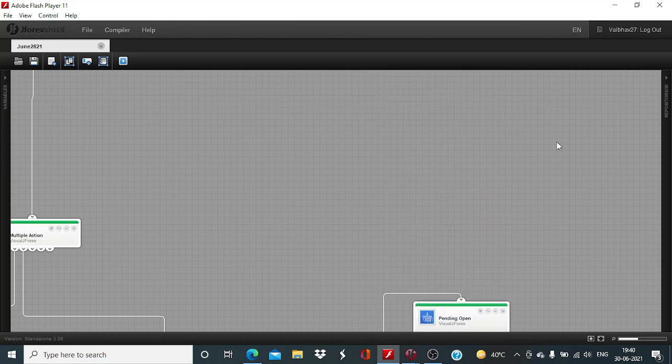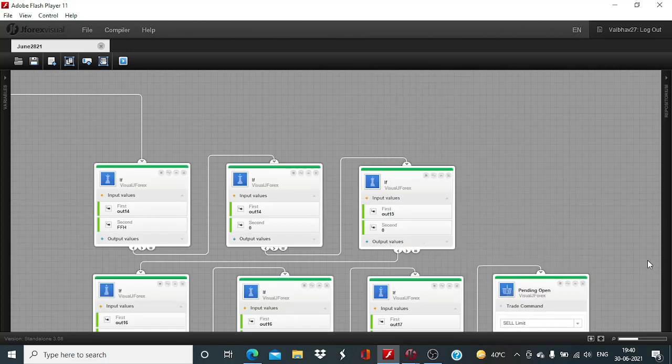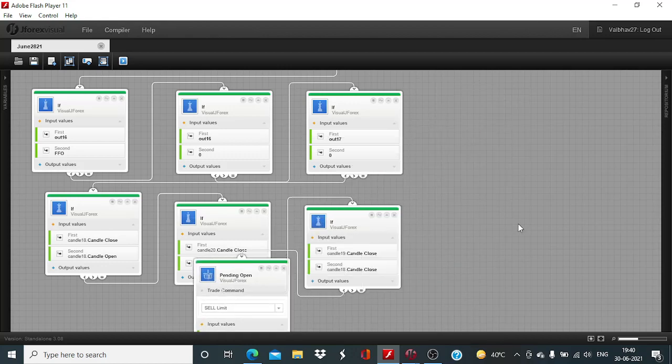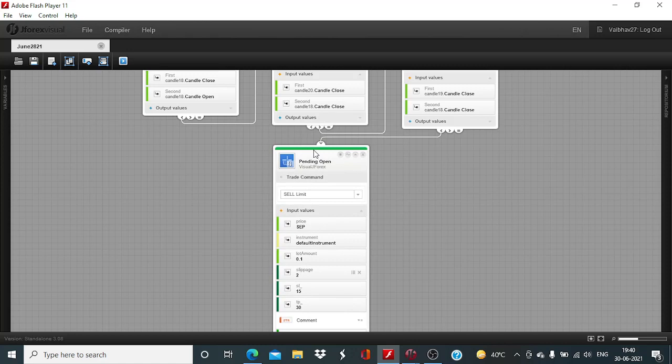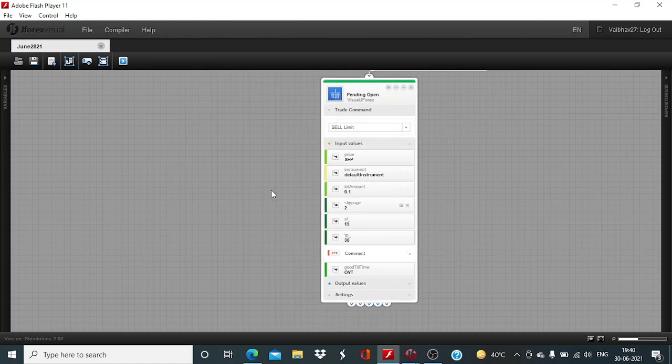So with this, we have defined most of the parameters which need to be defined mandatorily. In comment, you can add any comment which will be displayed after the trade gets executed or the order is placed.